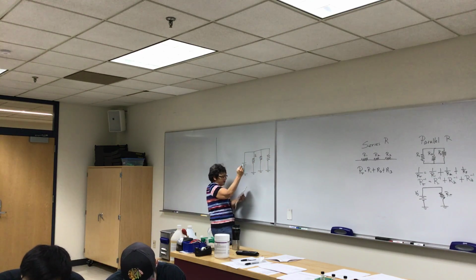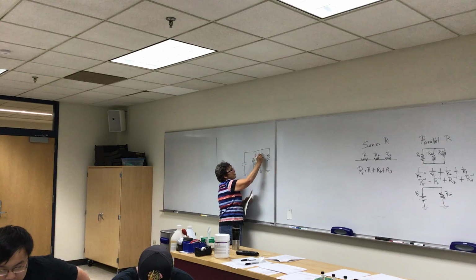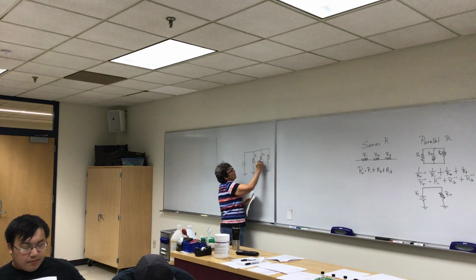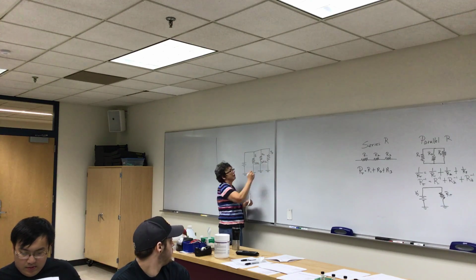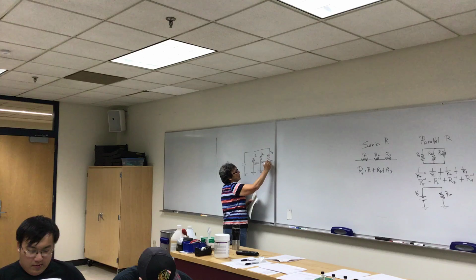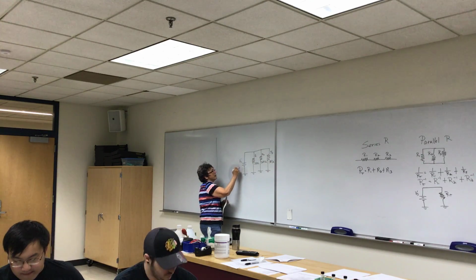R1 is 150 ohms. R2 is 200 ohms. And R3 is 180 ohms. And our source is 50 volts.